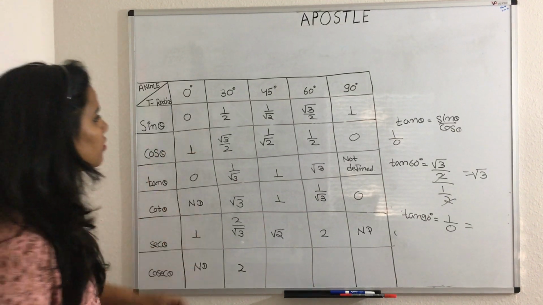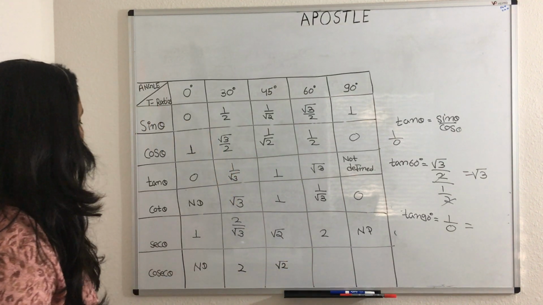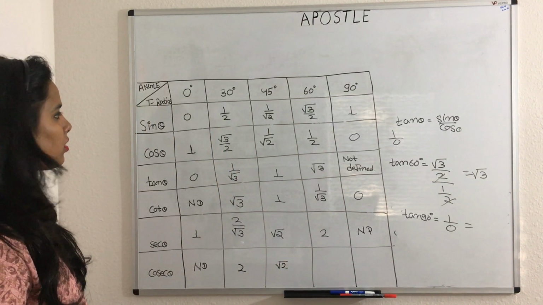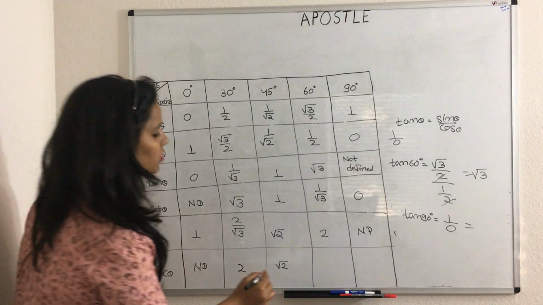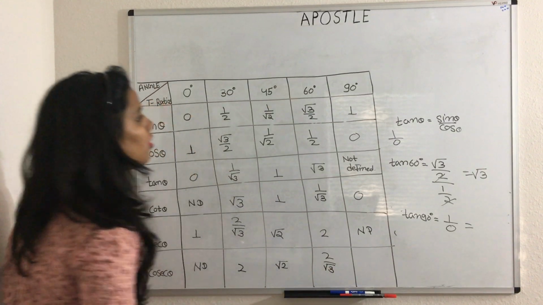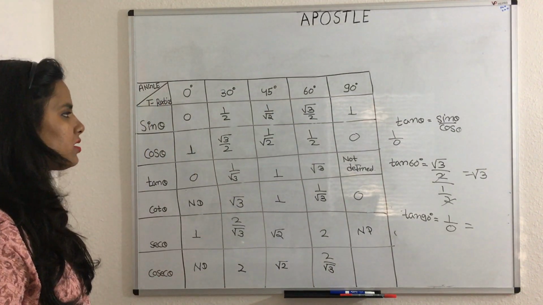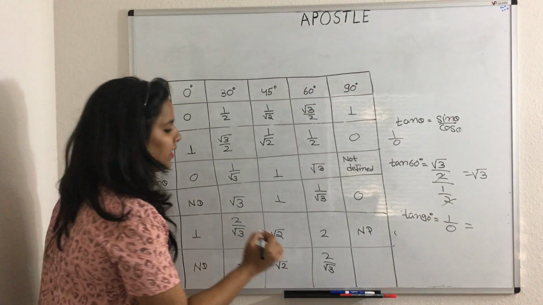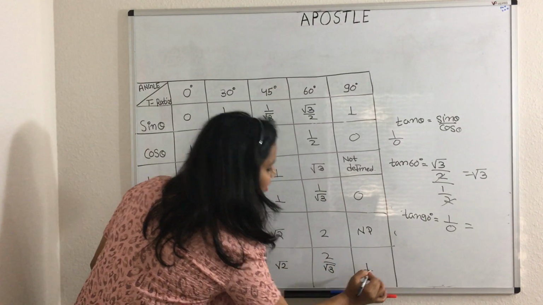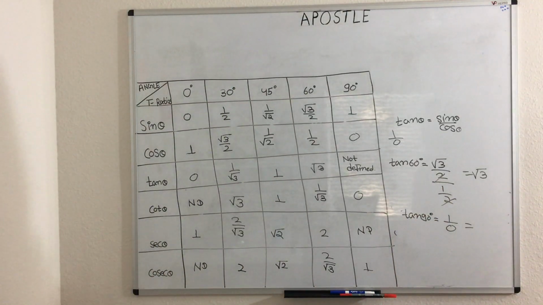That is the reciprocal of sin 45. That is root 2. And what is the value of cosec 60? That is the reciprocal of sin 60. That is 2 by root 3. And what is the value of cosec 90? That is the reciprocal of sin 90. So it's 1 only. So now this table is easy, I think, according to me.